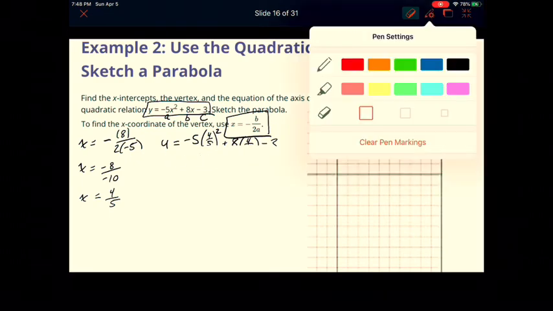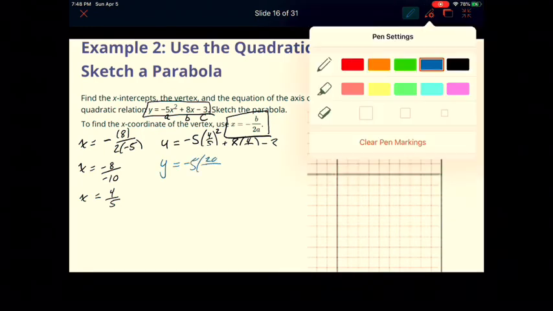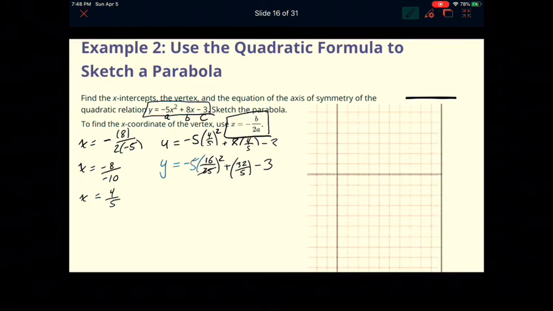I knew that didn't make sense. It's late, I'm sorry. 16 over 25, and then again 32 over 5 minus 3. There we go. So I can still cancel these out. You're a 5, you're a 1.